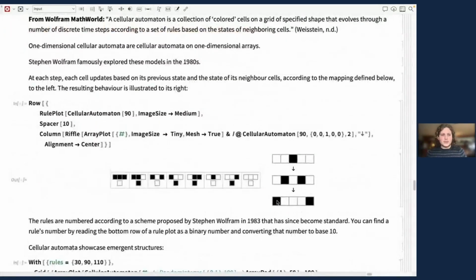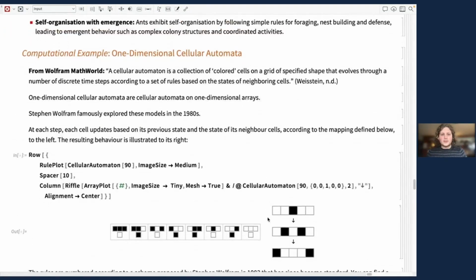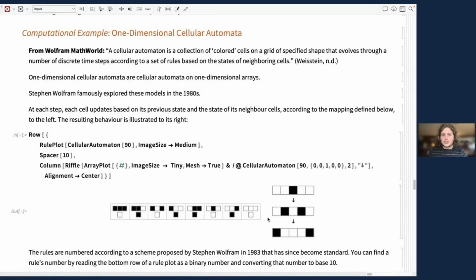So to close this presentation, I'm just going to end on an example of emergent behavior from cellular automata. Our own internal definition at Wolfram is that a cellular automaton is a collection of colored cells on a grid of a specified shape that evolves through a number of discrete time steps according to a set of rules based on the state of neighboring cells.